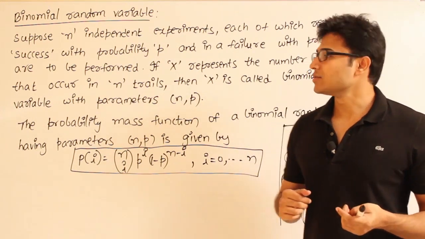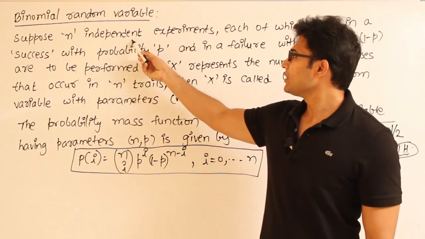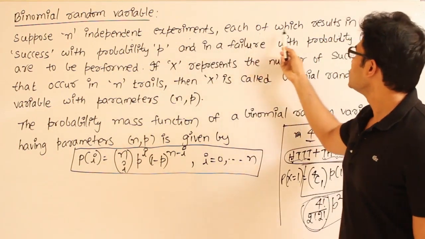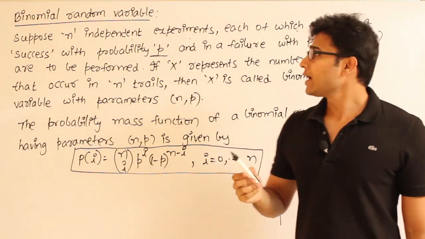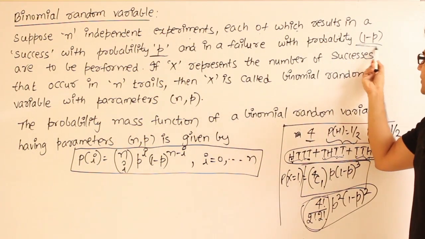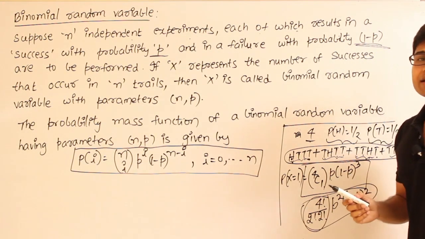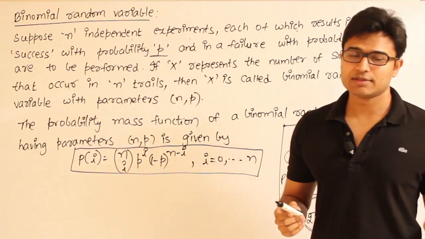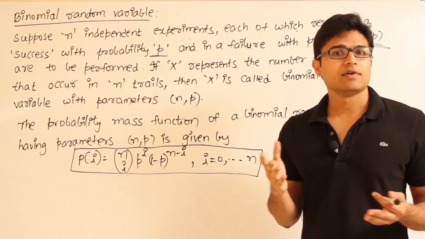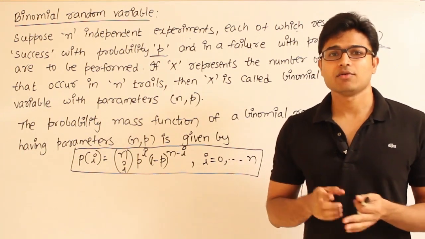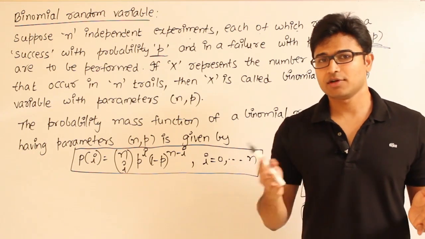Got it? So see this one. Suppose n independent experiments, each of which results in a success with probability p and a failure with probability 1 minus p. So which is nothing but a Bernoulli event, each one, isn't it? So it need not be just flipping a coin, it can even be rolling a dice, but you have to define clearly what is success and what is failure.